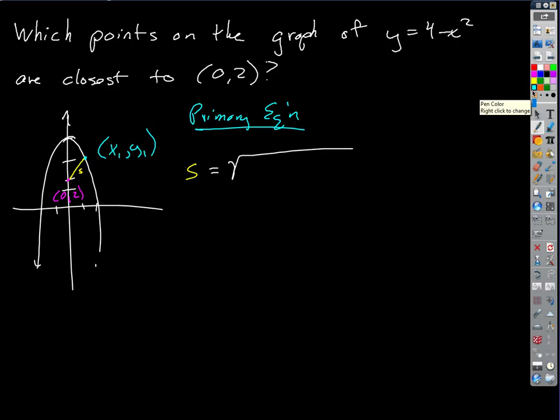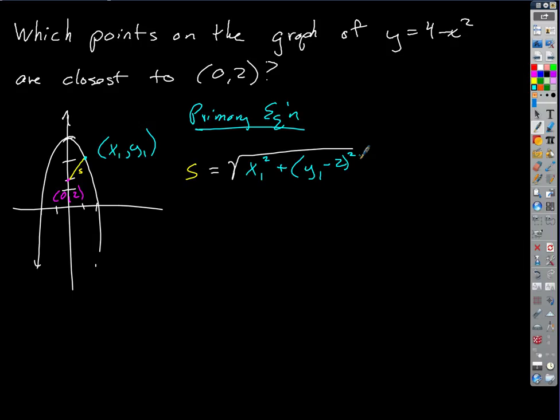The difference in the x coordinates. So x1 minus 0, plus y1 minus 2 squared, right? Does that make sense? So s is the thing that represents the distance.